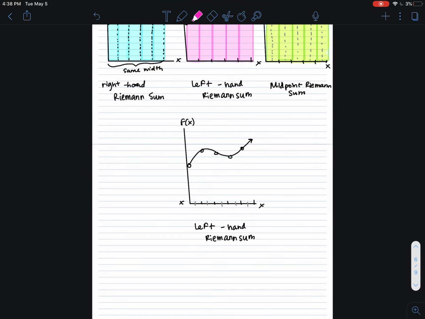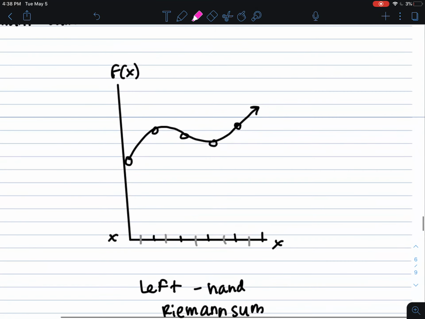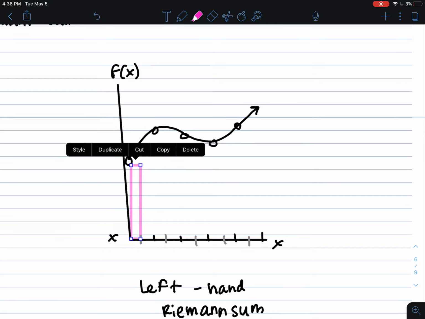So this is left hand, so we're going up to the left, back down. Let me zoom in to see if this will help. Tiny rectangles are not my iPad's thing. Okay, there's one, up to the left, over, down, rectangle.